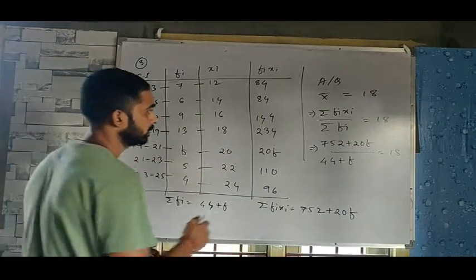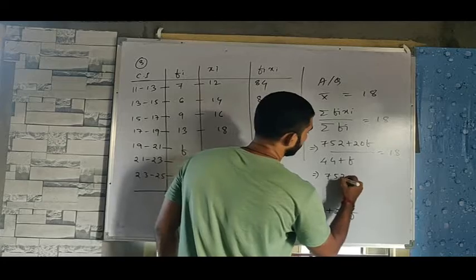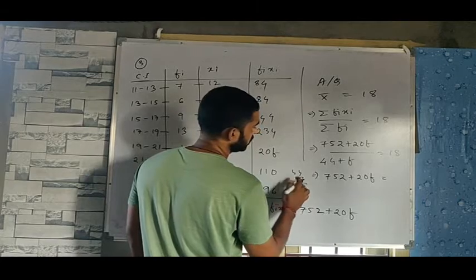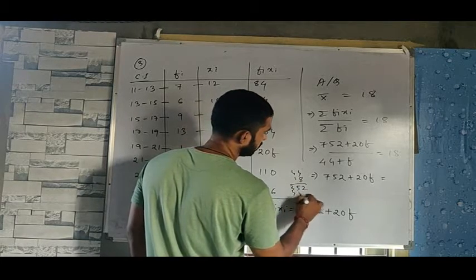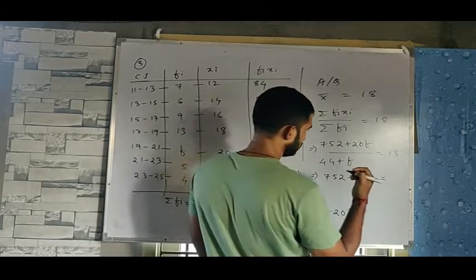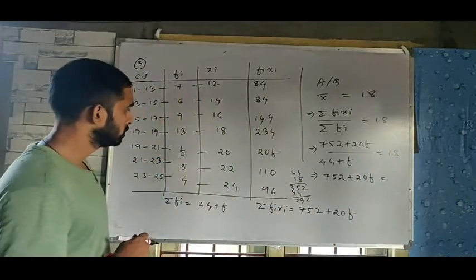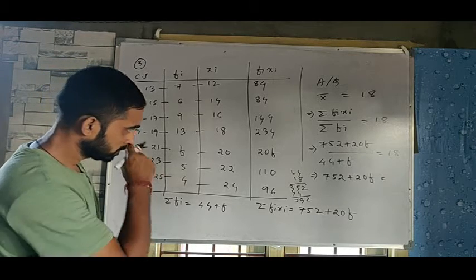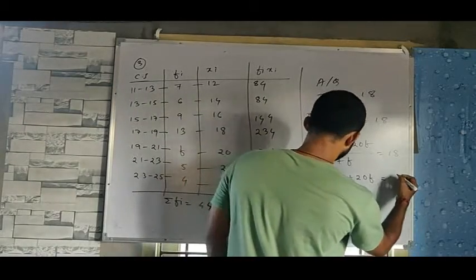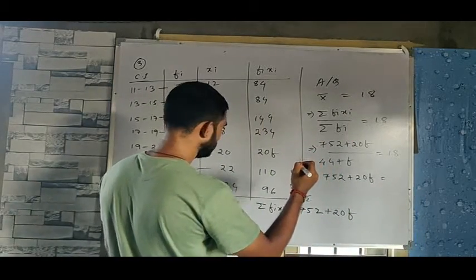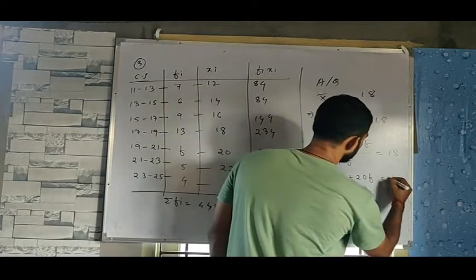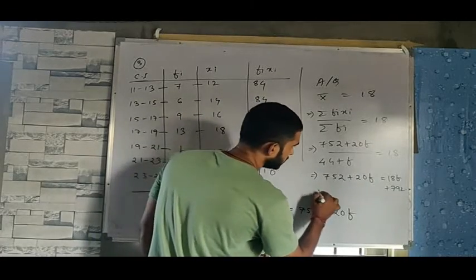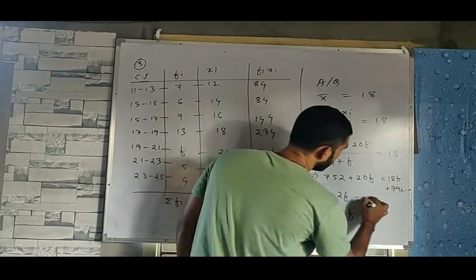Then cross multiply: 752 plus 20f equals 18 times 44, which is 792 plus 18f. This implies 2f equals 40.